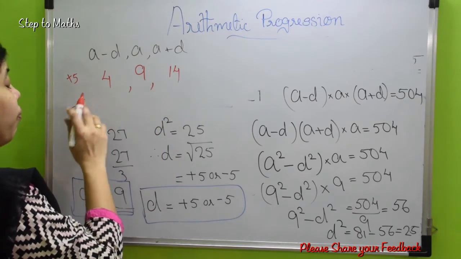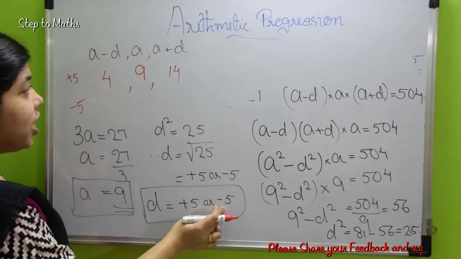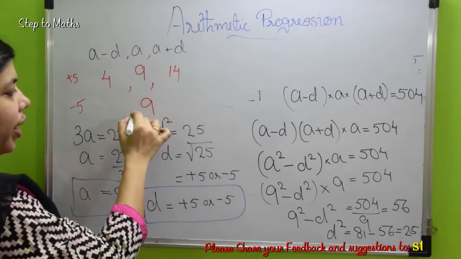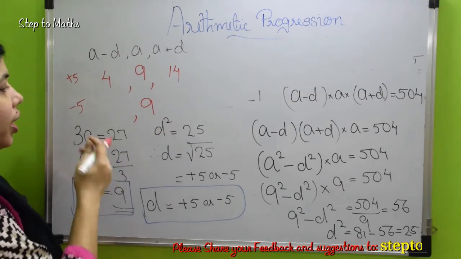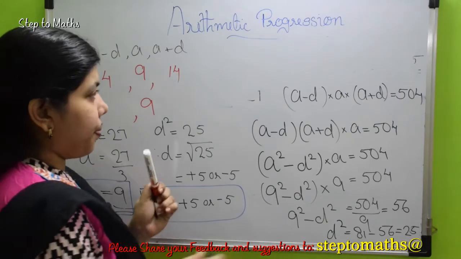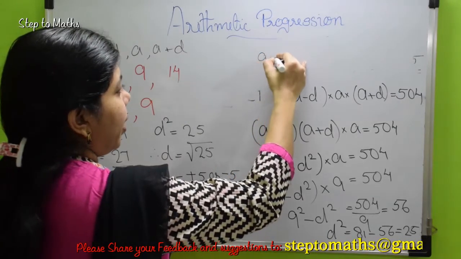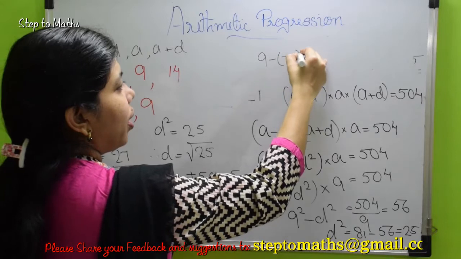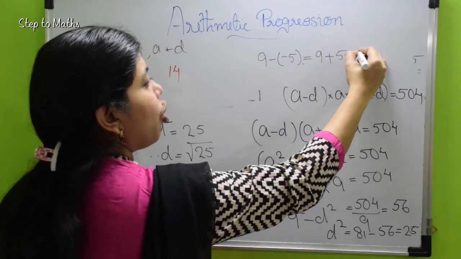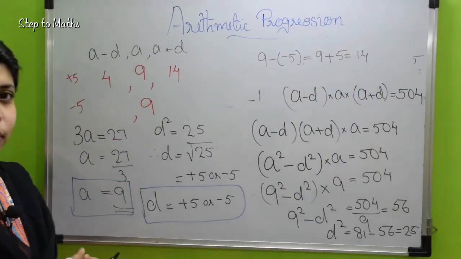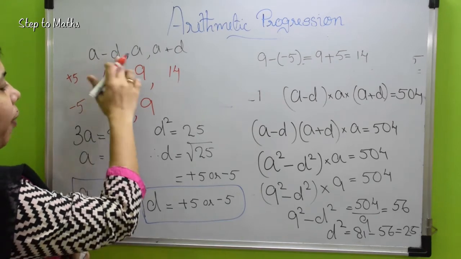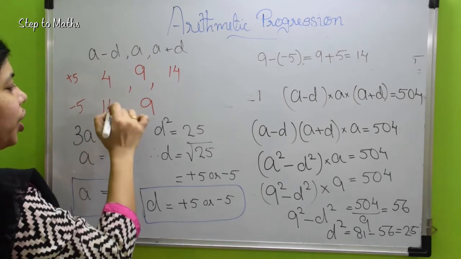If the value of D is minus 5, the value of A is 9, and A minus D is 9 minus minus 5, which is 9 plus 5, that is 14.